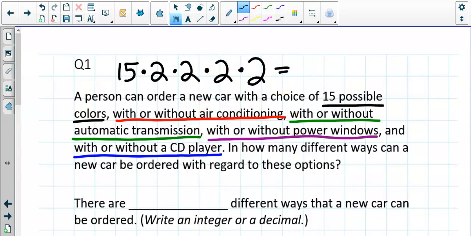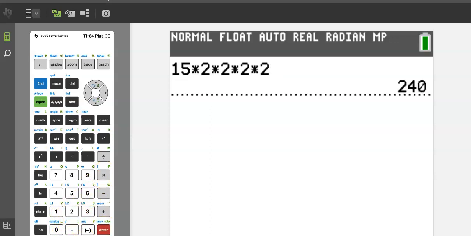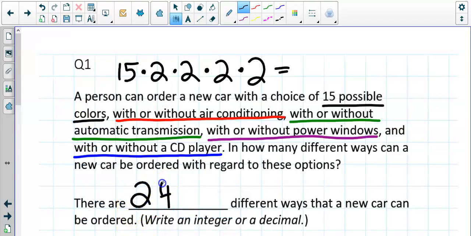So you just go and you multiply all this out. Use your calculator. So let's pull up the calculator. We got 15 times 2 times 2 times 2 times one more 2. And that's how many different cars we can have. 240. So there you go for the first guy.